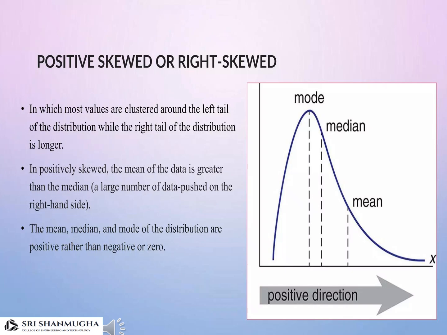Let me take only one real world example, income distribution. Most people earn moderate incomes, but a small percentage earn extremely high incomes. The super rich create the long right tail. This is why median income is often reported instead of mean income. It's more representative.